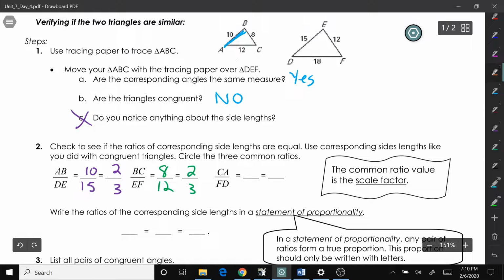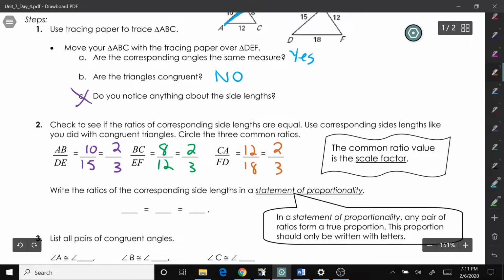Then we have CA, 12, over FD, which is 18, and that also simplifies to 2/3. So they all have a common ratio, which is our scale factor, which, remember, is our K value. So we would be able to say that K equals 2/3.